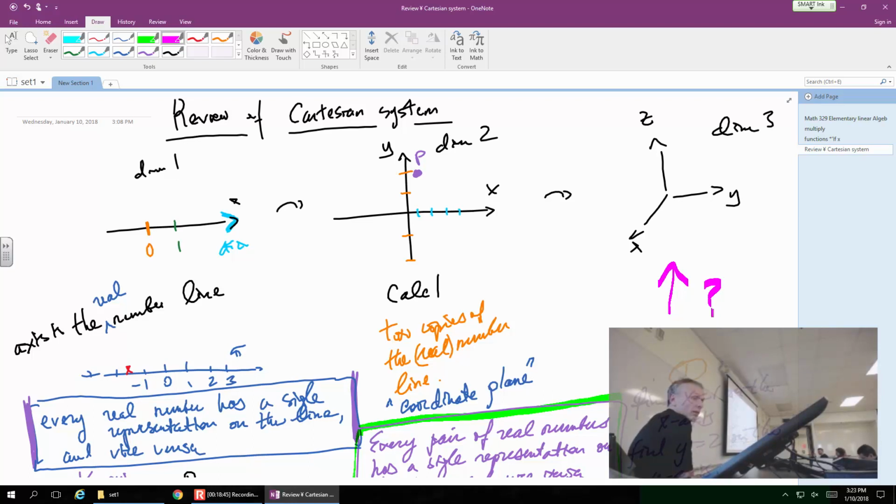What else do we see in our three-dimensional Cartesian system on the right? We see 3 axes, what else? The origin, yes, but what else? In addition to the lines, what do we see? Well, I didn't draw it, but we see planes. The planes are a big deal, right?